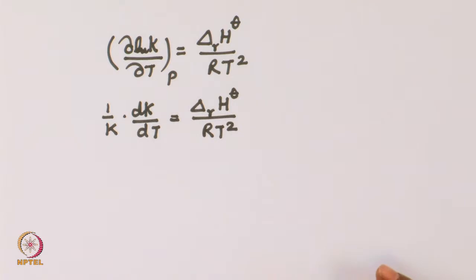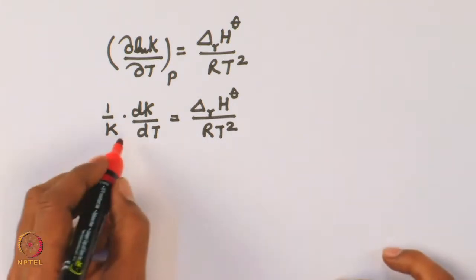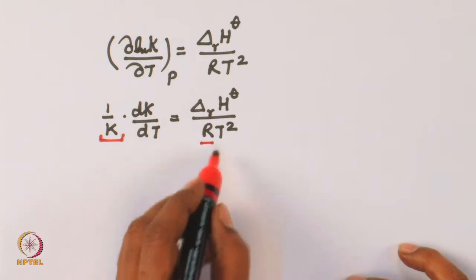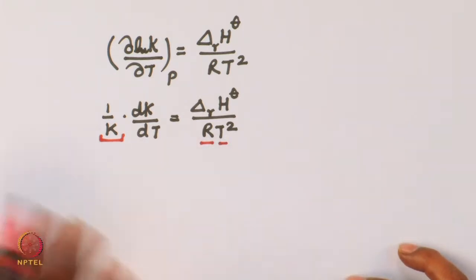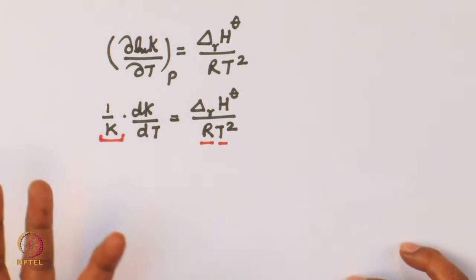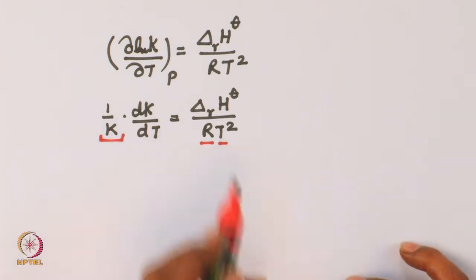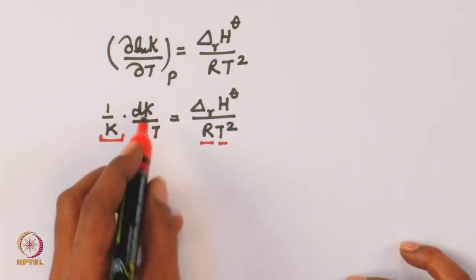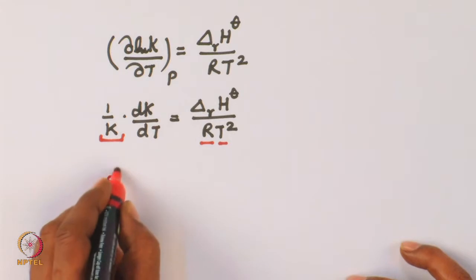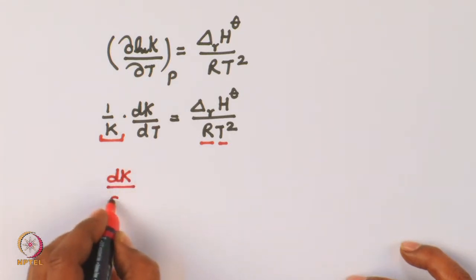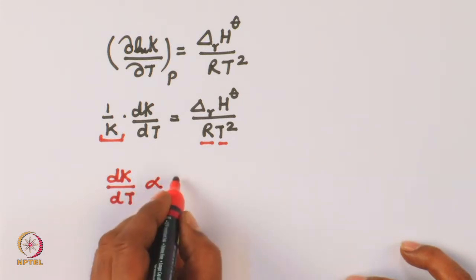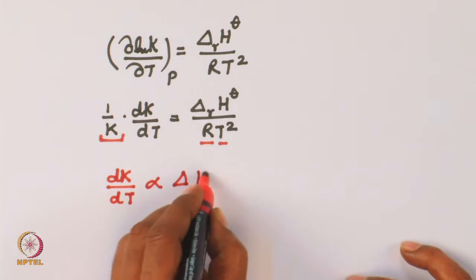Now, K is a positive quantity, it cannot be a negative quantity. R is a constant and T square will depend upon what temperature is given. So, at a given temperature, T square will be a constant. Therefore, dK by dT is proportional to the value of the enthalpy of reaction.